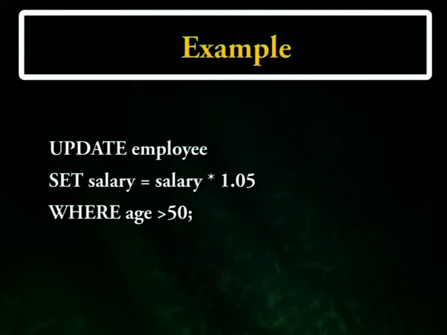In this example, all those rows of the employee table will be updated where the age of the employee is greater than 50, and it will increase the salaries of all the employees whose age is greater than 50 by 1.05 times.